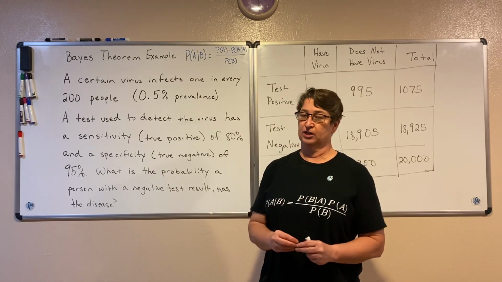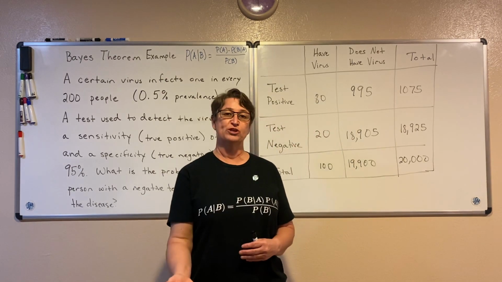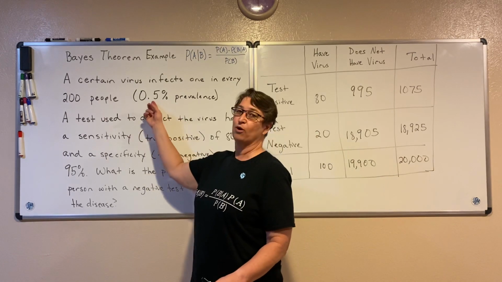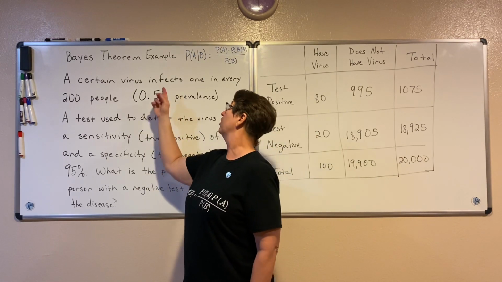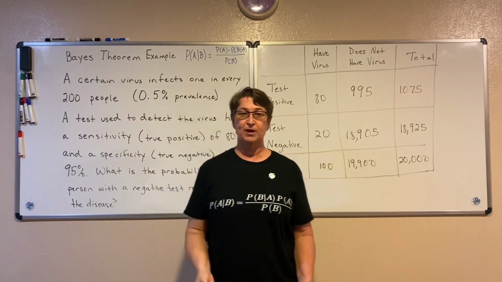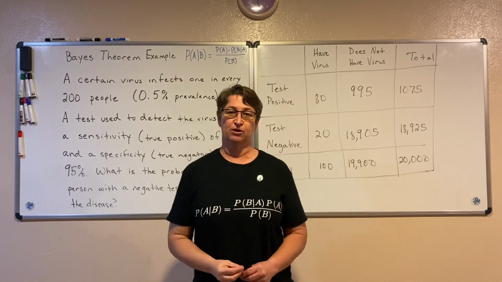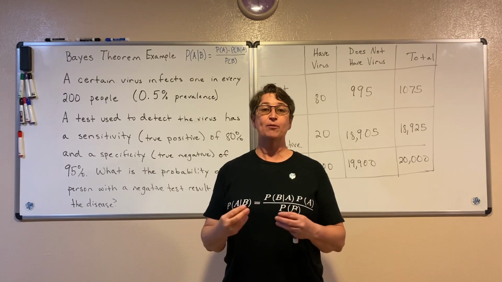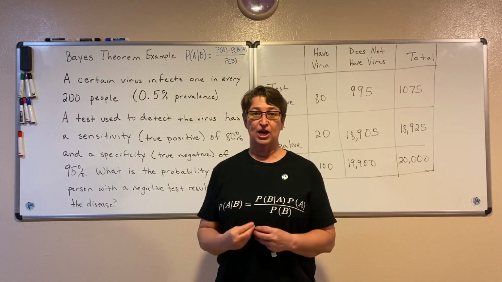Now, originally, when the person went to the doctor, the probability that they had the disease was 0.5%, or 1 out of every 200 people. But what Bayes' theorem tells us is that once we have new information, our probability or our thinking changes.